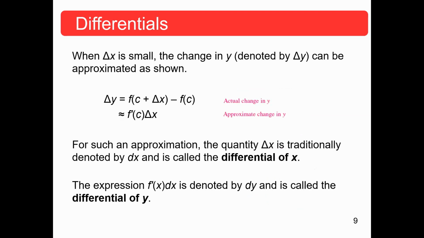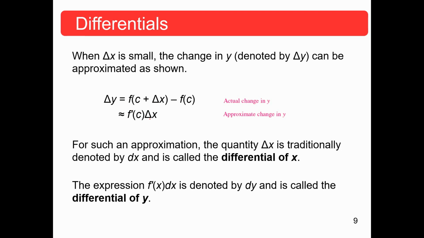Now when delta x is small, that change in y, which we're going to call delta y, can be approximated like this, right? We know that delta y is f of c plus delta x minus f of c. We also know that this can be approximated with that tangent line as f prime of c times delta x. We talked about that, right?